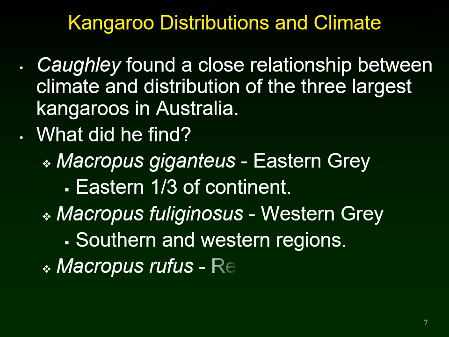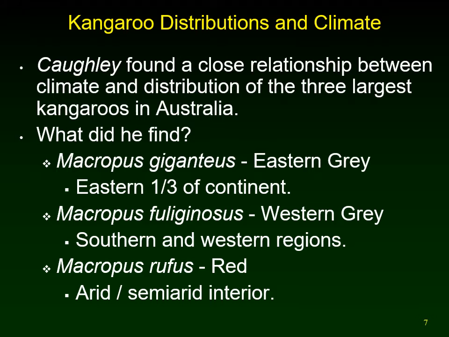And then the third one, Macropus rufus, is the red kangaroo. The red kangaroo wanders around the middle of Australia. It is in the very dry, the arid and semi-arid interior of Australia, which is savanna and desert biomes. And this is the one that really occupies the largest area.